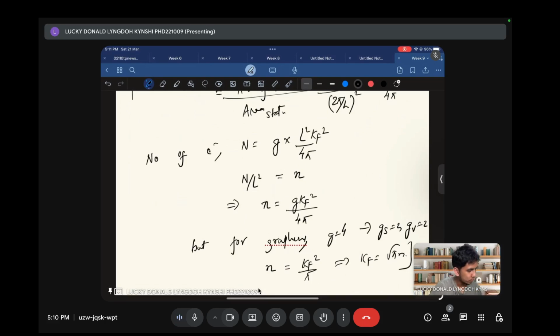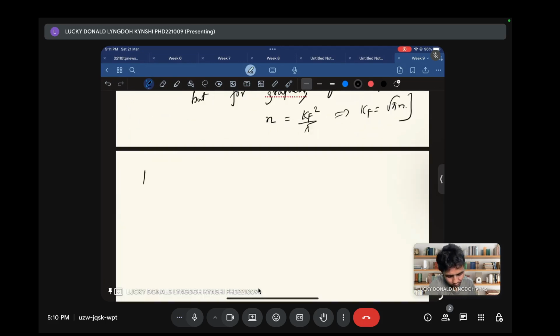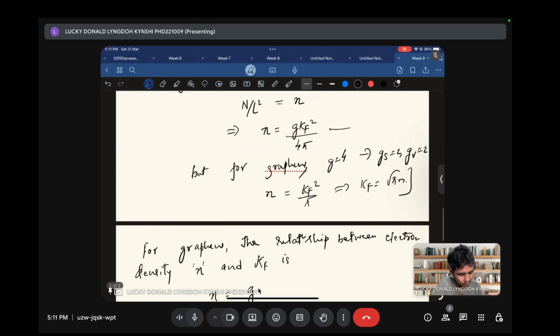So according to these problems, we can follow this one. So for graphene, the relationship between electron density n and kf is what? n equal to g, like I have written, let's take this relation as equation 1.